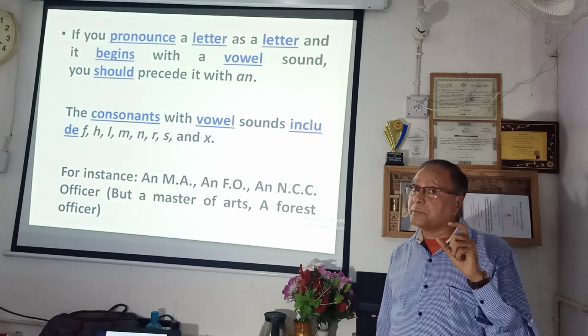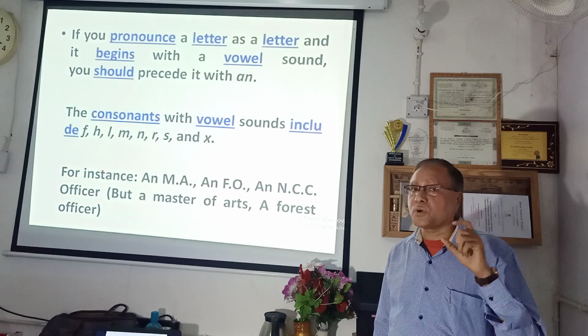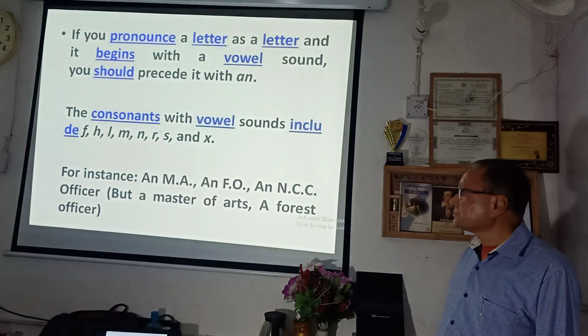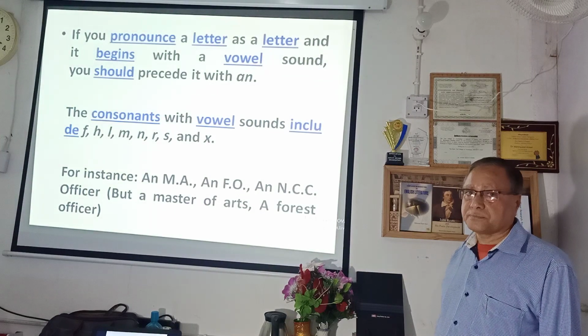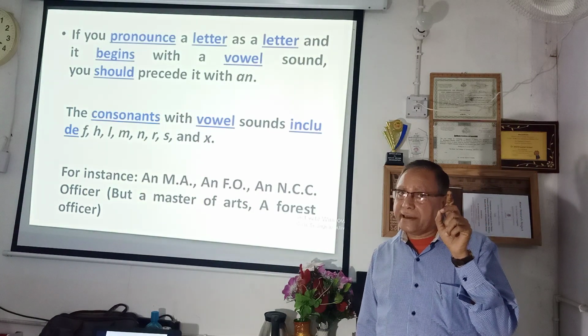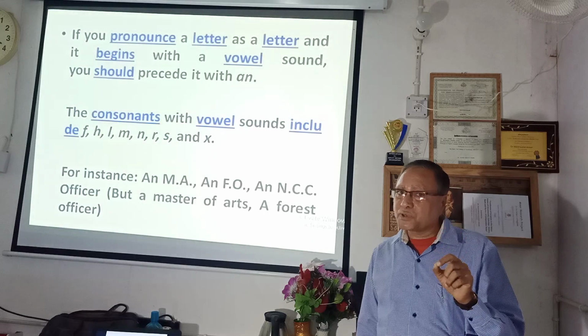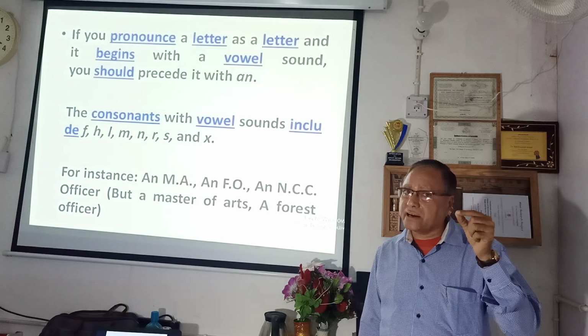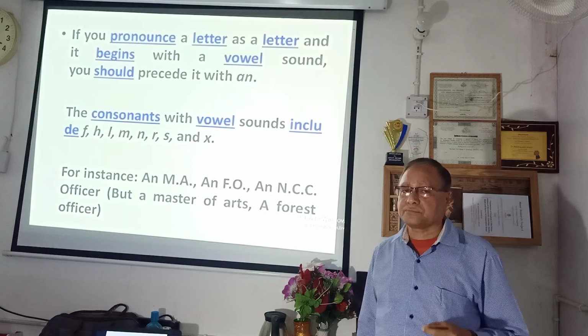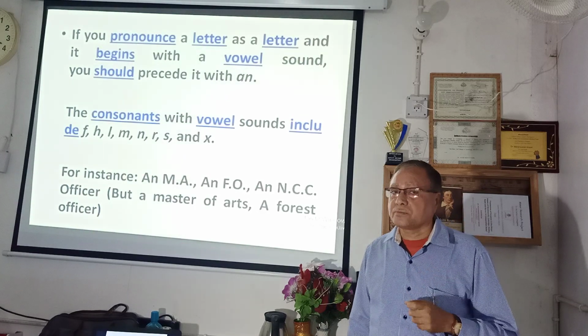But there must be abbreviations, short forms, for instance an MA. Here the first letter M is pronounced with a vowel sound, and A comes while sounding. So an MA.